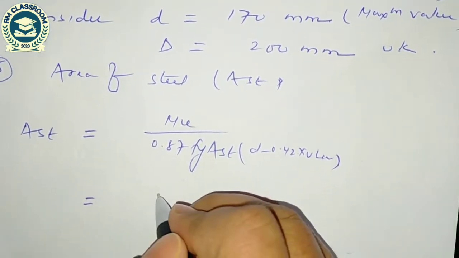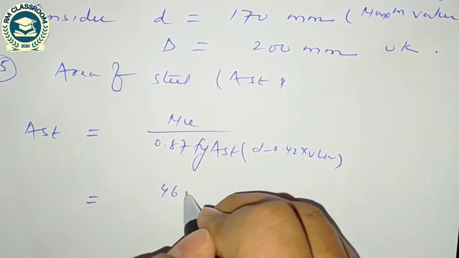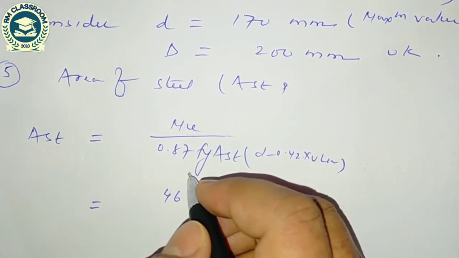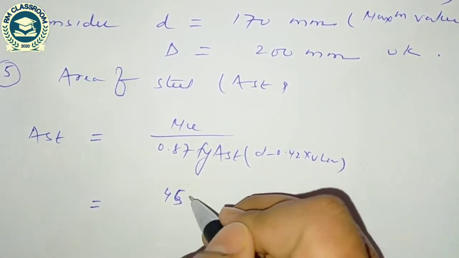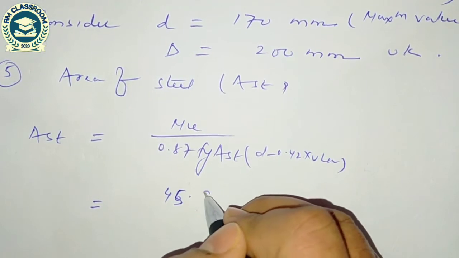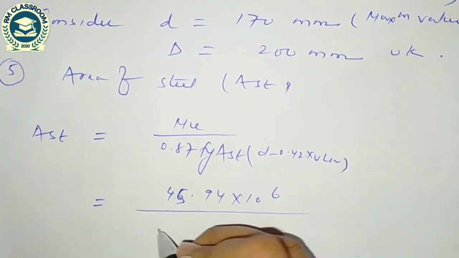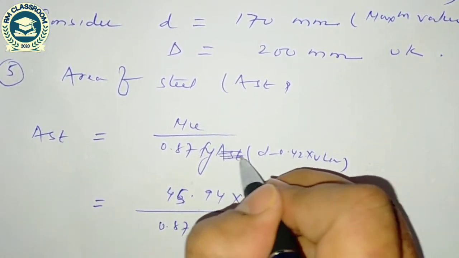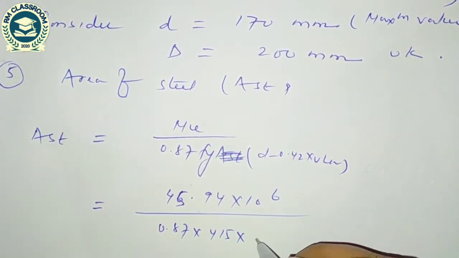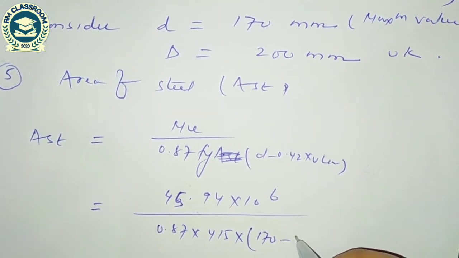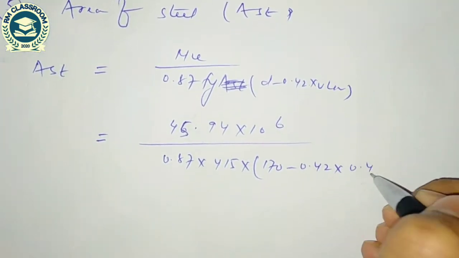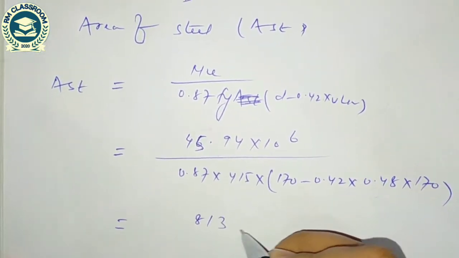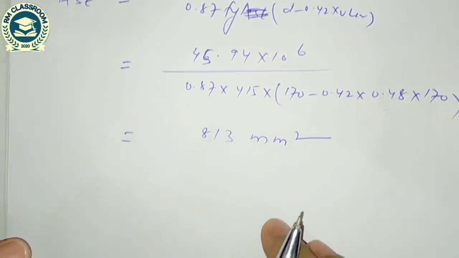So it is 45.94 into 10 to the power 6 divided by 0.87 into Fy 415. Sorry, it's not AST. D is 170 minus 0.42 into 0.48 into 170. So it is coming 813 mm square.